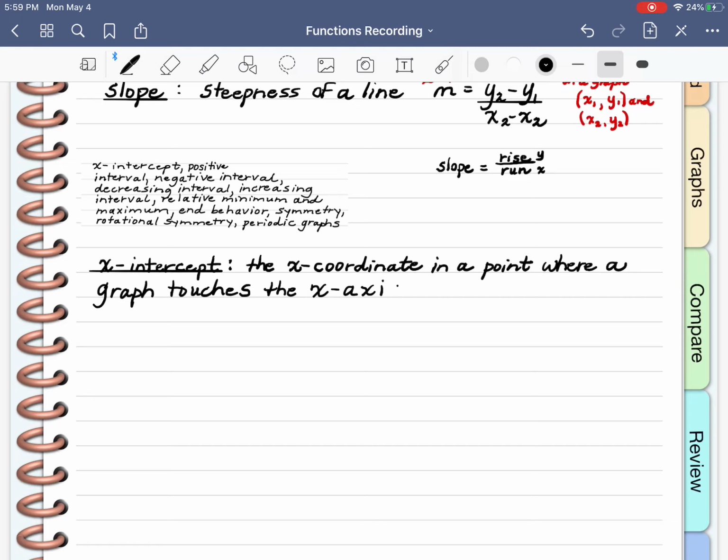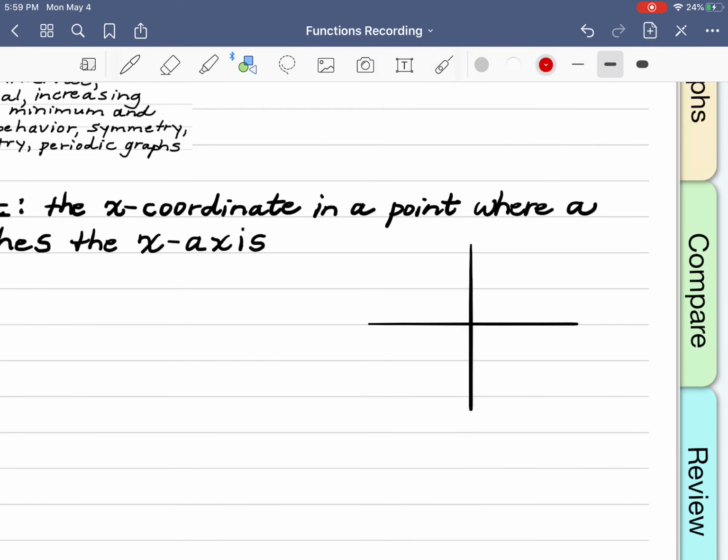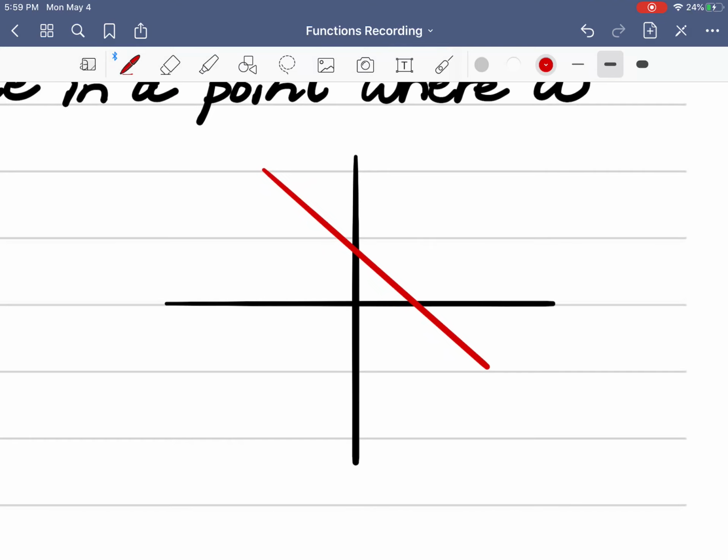And I'll draw you an example here. So let's sketch a coordinate plane. And I'm going to change colors to put my graph in. I'm going to just draw a linear graph that comes down like this. So it has a negative slope. And we're interested in that point, that spot where it crosses the x-axis.